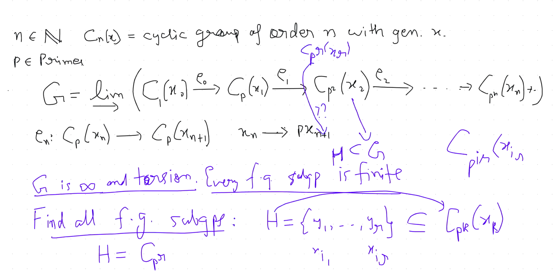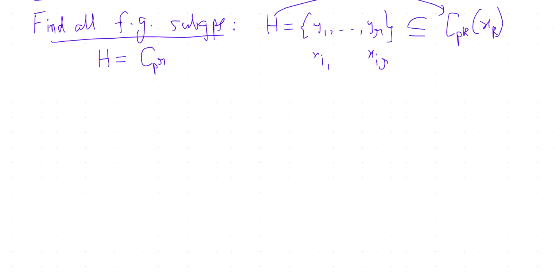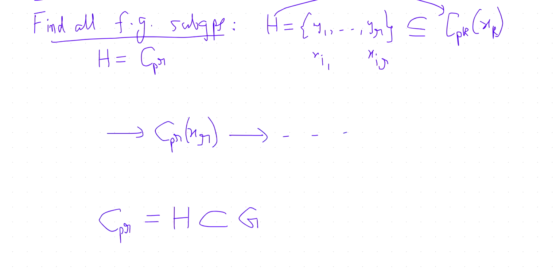So I'll just write it here. We know that this H inside this G, let's just say is C_{p^r}. But in this family also there is a C_{p^r}, and so on. It is not clear to me that this H is the image of this C_{p^r}.